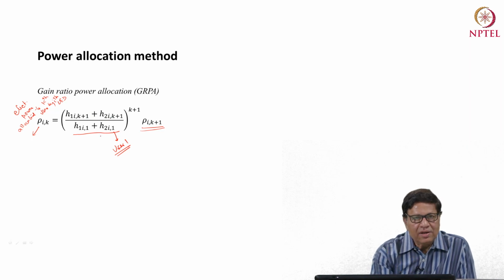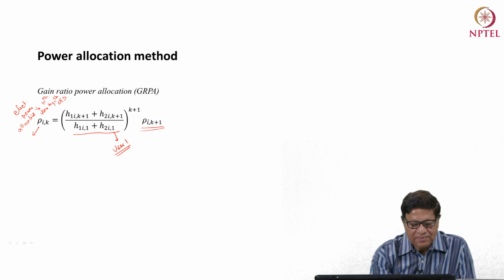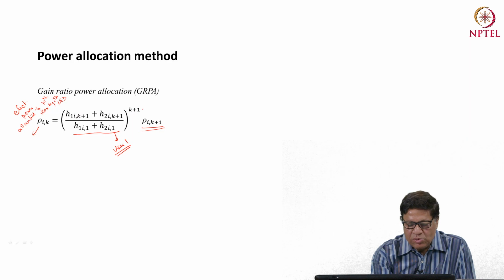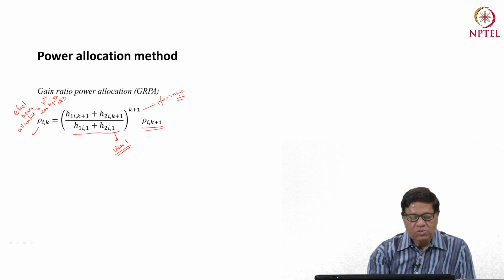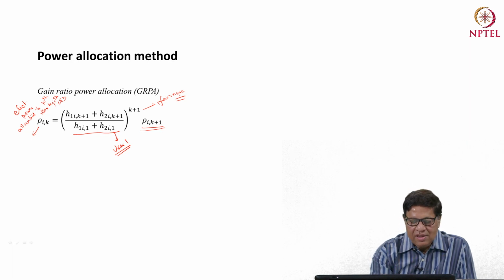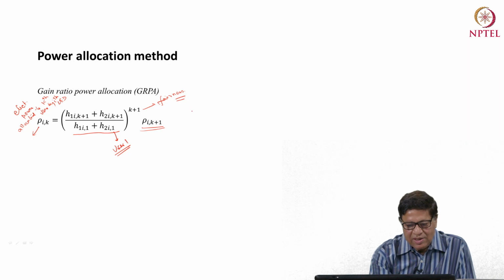So you take the ratio with respect to the user 1, and raise that ratio to the power k plus 1 in order to ensure fairness. So if you allocate power to different users from the different LEDs in this way, I am calling it GRPA. So this is method 1.